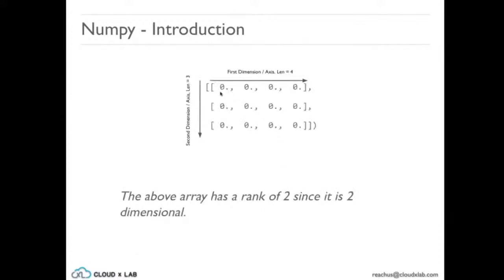In case you have something like this, a 2 by 2 matrix of all zeros, it's got one axis along this and one axis along here, so the rank of this matrix is 2. It's two-dimensional and the rank is 2. That's what a rank means. It's very similar to the rank of a matrix, which you may have studied in high school.